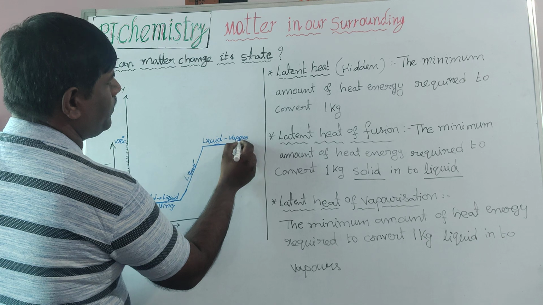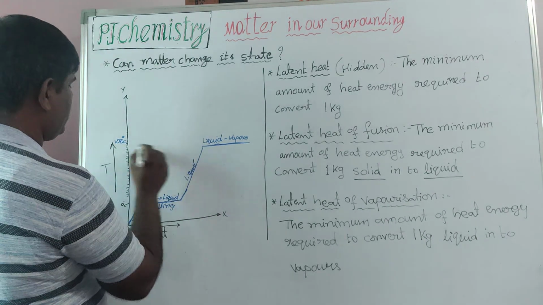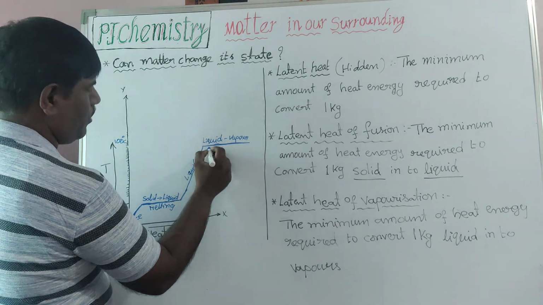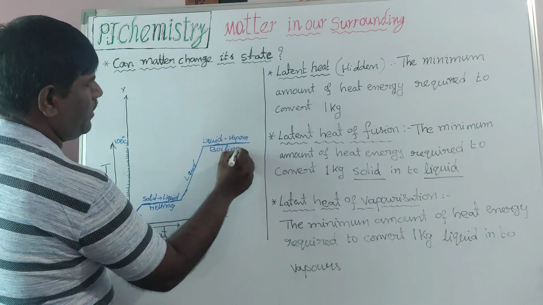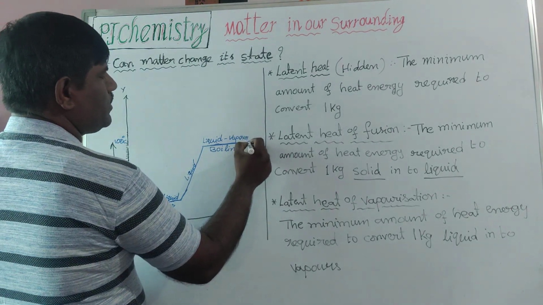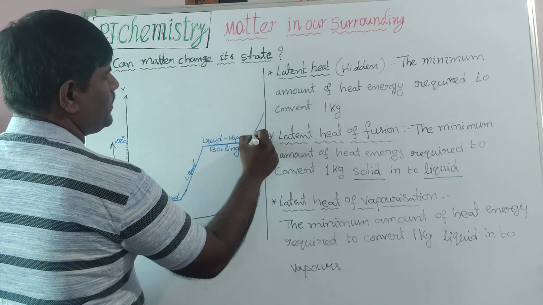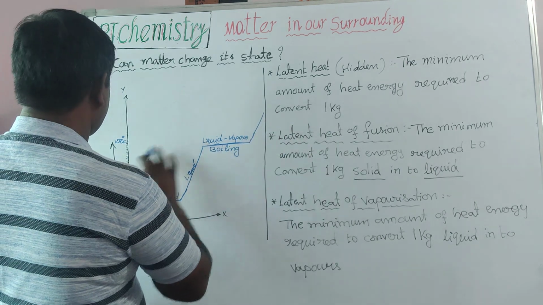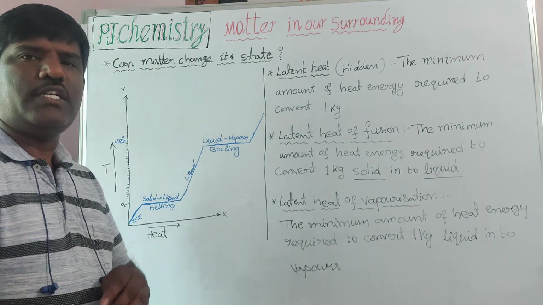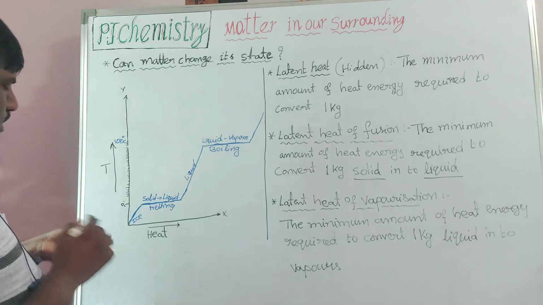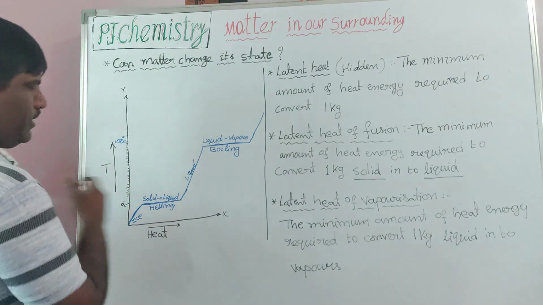This constant temperature we call boiling. After that, however much heat we give, the temperature is constant and the liquid keeps converting into vapors. This is the graph based on latent heat.